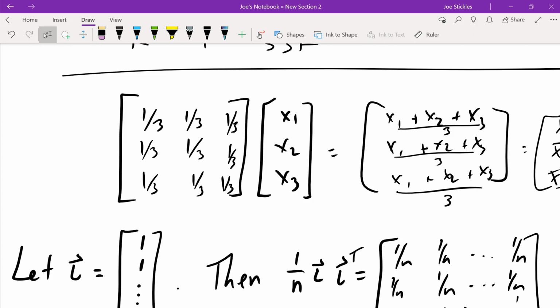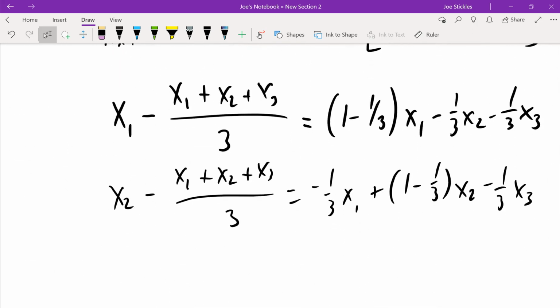But when I do the deviations, I want to change what's on the diagonal, right? If I want the deviation that x1 is from the mean, then I want a 1 minus 1/3 on the diagonal, not a 1/3, right?